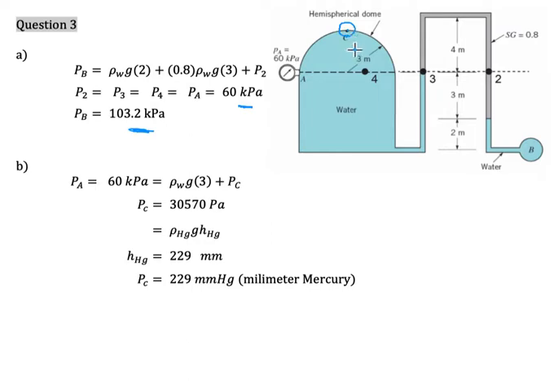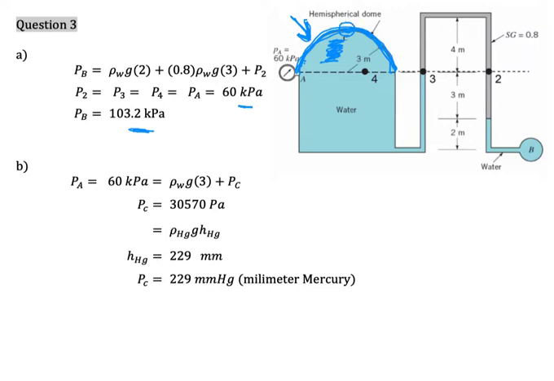However, we cannot simply say that the pressure at point C is equal to atmospheric pressure, because this water is actually not connected with the atmospheric pressure, because it has a dome here, a layer or a wall that separates the water here from the atmospheric pressure. So even though this point is at the top, it is not being pushed by the atmospheric pressure.